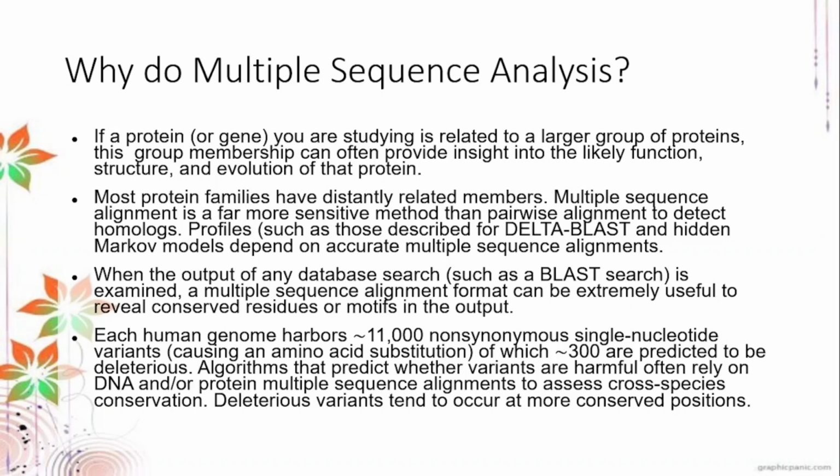And then deleterious variants tend to occur at conserved positions. When we find variants, variations, or mutations in conserved positions, we can be alerted to some novel genetic diseases, or even to adaptive mutations in that particular region.